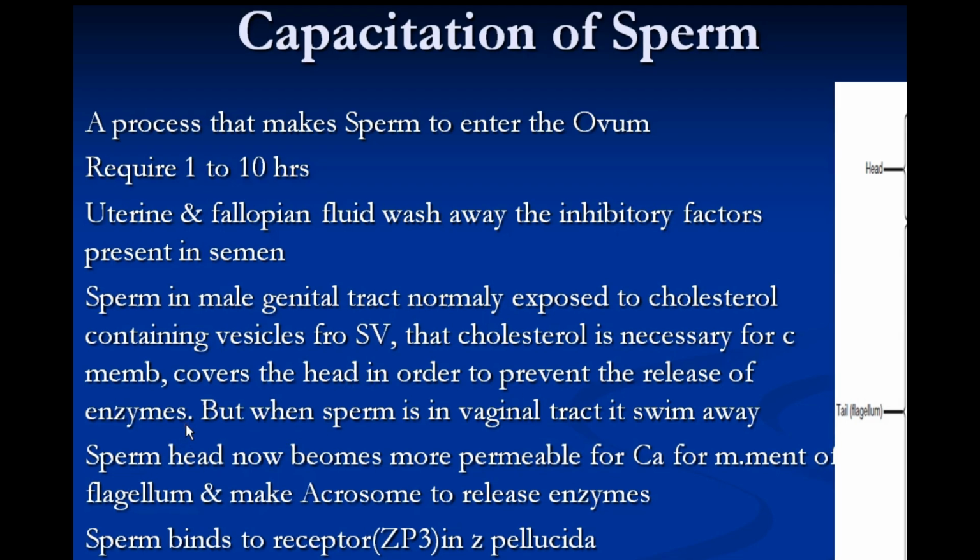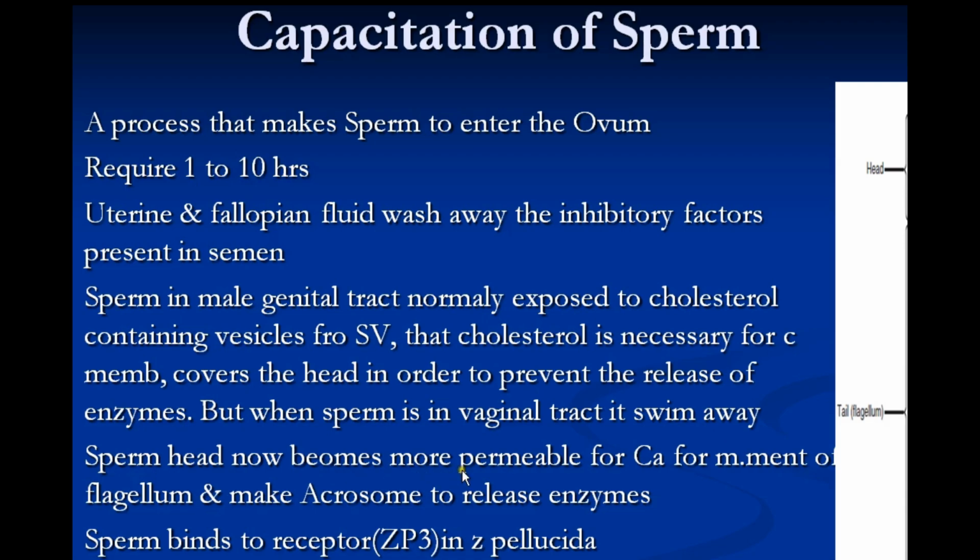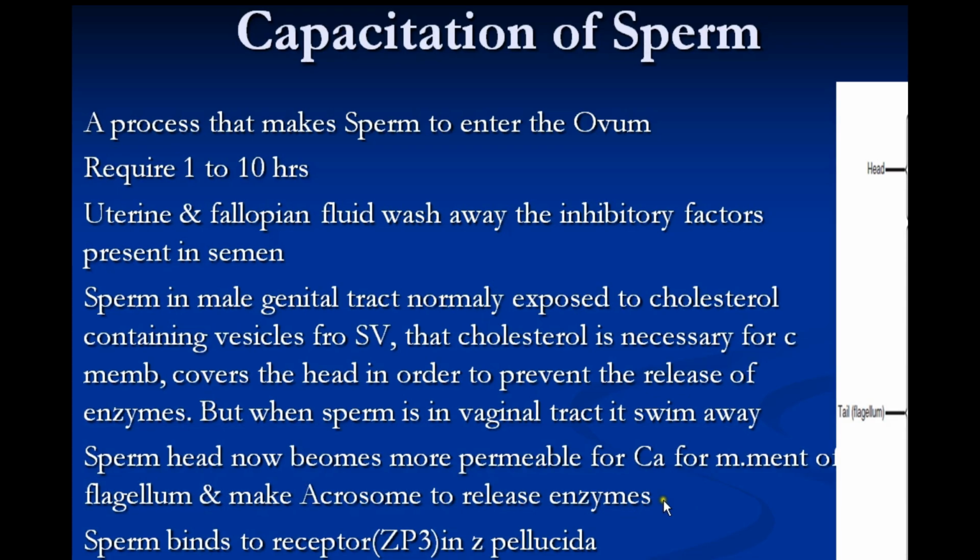But when a sperm is in the vaginal tract, it swims away from the cholesterol. So the sperm head becomes more permeable to calcium, for movement of the flagellum, and makes the acrosome release the enzymes. Sperm bind to the receptor ZP3 in the zona pellucida.